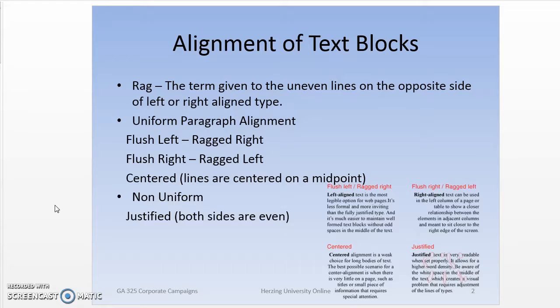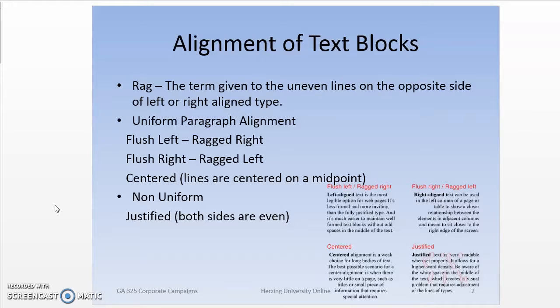When using justified alignment, designers can use wider paragraph lengths to reduce rivers and avoid a jumbled appearance. As you can see here, what we have is a rag, and a rag is the term given to the uneven lines on the opposite side of left or right aligned type. So if we look down at the left alignment there, we notice everything is flush left.